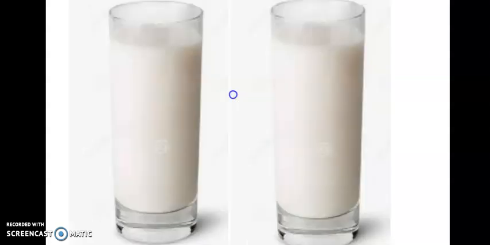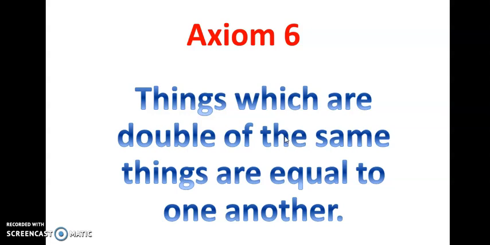Now what happens? The milk in these glasses doubles. Now compare these two glasses which contain milk. Are they equal? Yes, they are equal. Now can we say things which are double of the same things are equal to one another? Yes, this is your axiom 6.